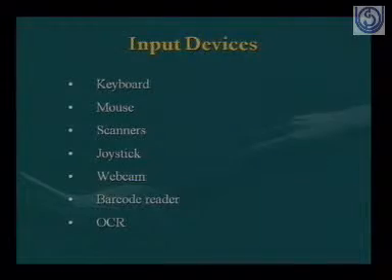See, the input devices, these are the devices that are used for inputting the data. The devices include keyboard, mouse, scanners, joystick, web camera, barcode readers, and OCR. If you take the keyboard, it is also a part of the computer.